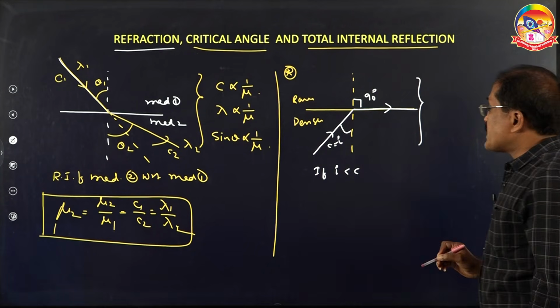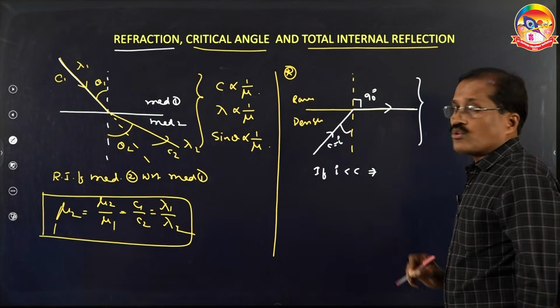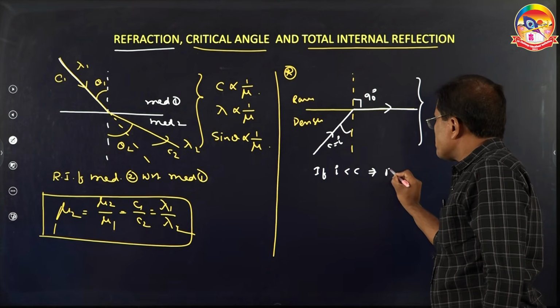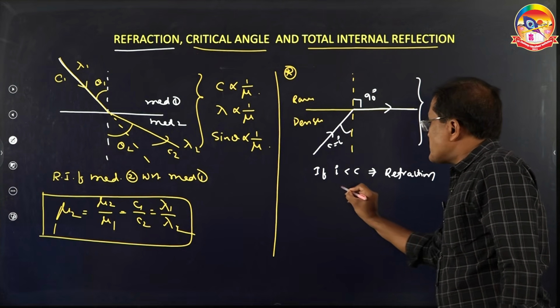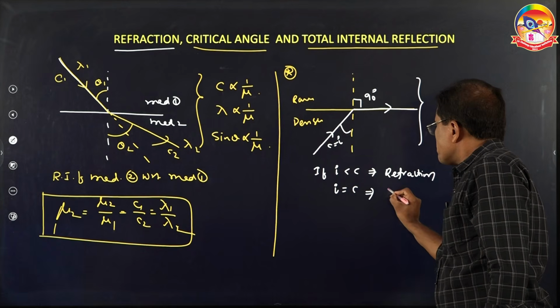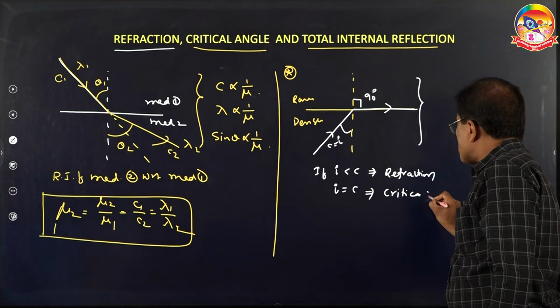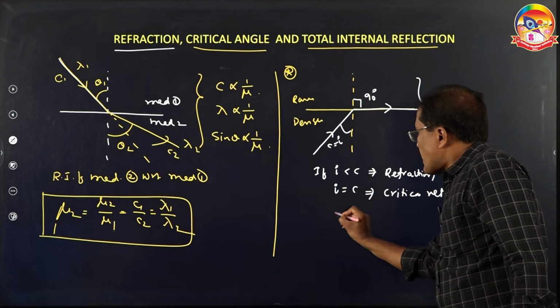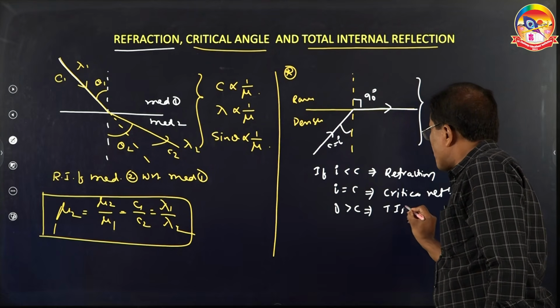Now let us take that if I is less than C, then the ray undergoes refraction. If I is equal to C, it is critical refraction. Next, if I is greater than C, it undergoes total internal reflection.